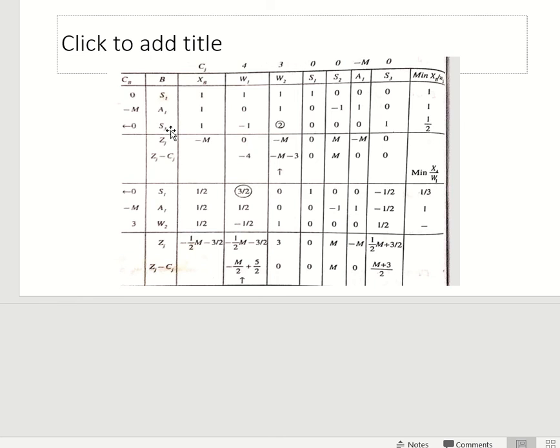Now look here. First we have to find Zj. How to compute Zj? CB into XB, that is 0 into 1 plus minus M into 1 plus 0 into 1. So what will we get? 0 minus M, 0.